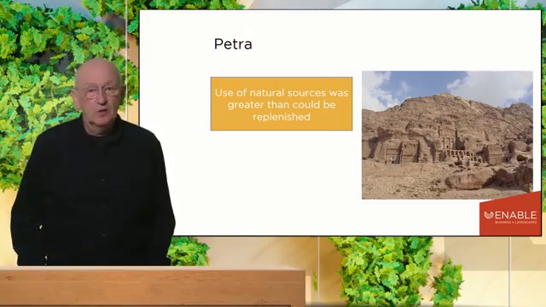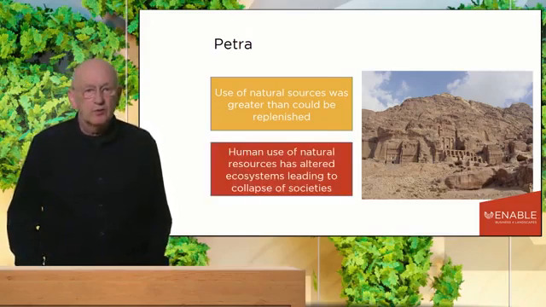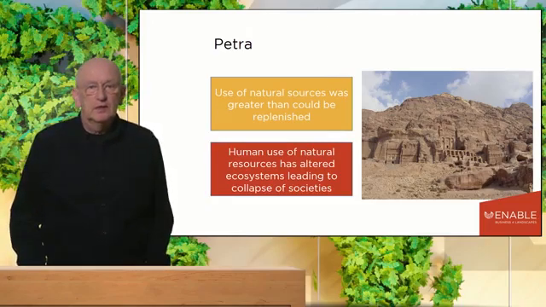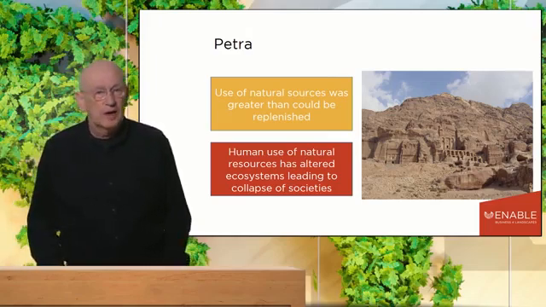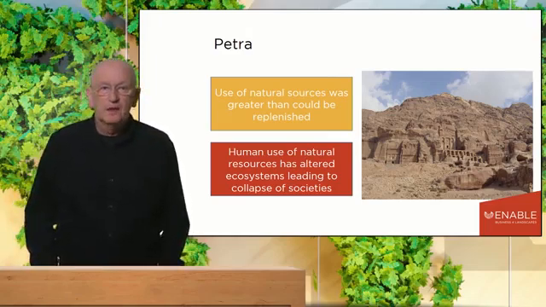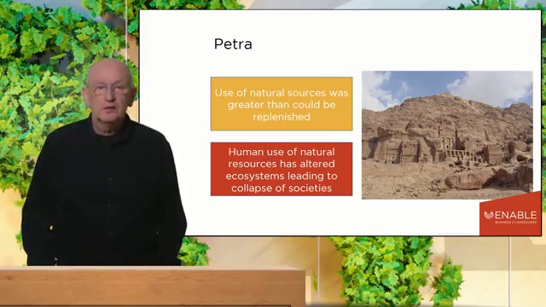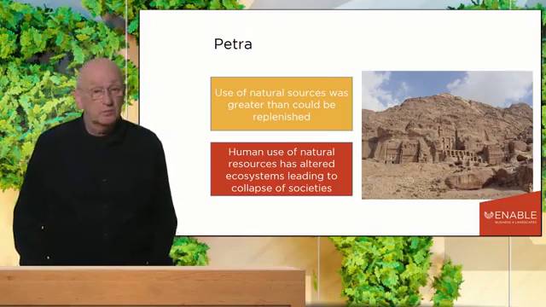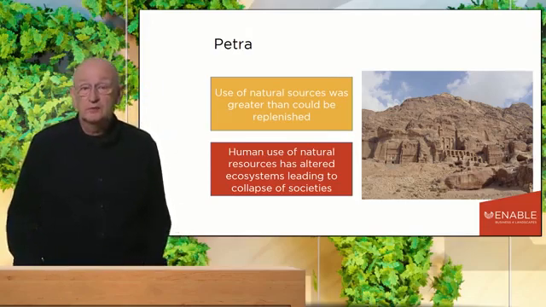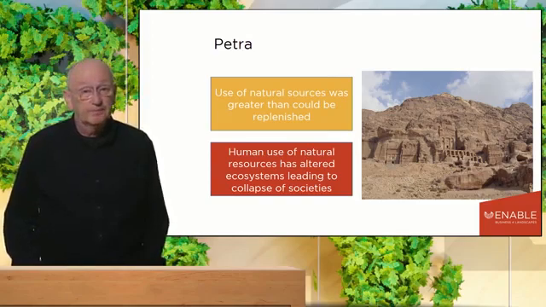The book entitled Collapse, How Societies Choose to Fail or Succeed by Jared Diamond gives many more examples of how human use of land and natural resources has altered ecosystems and led to collapse of societies. Fortunately, most of the ecosystems still can produce and provide crucial ecosystem services to society.